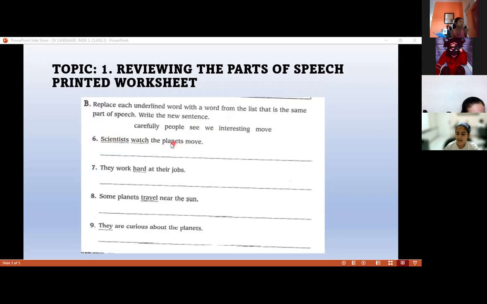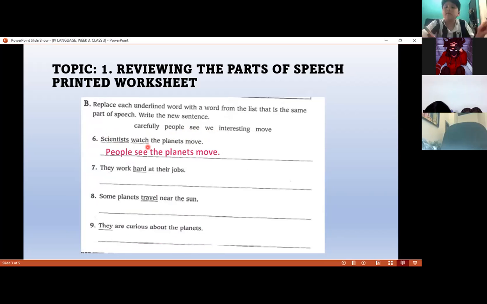People see the planets move. I can replace the word scientists and use the word people. And instead of watch, write see. So people see the planets move. That is number one. So we already use these two, people and see. Perfect. Because scientists are people, and watch is a synonym for see also.